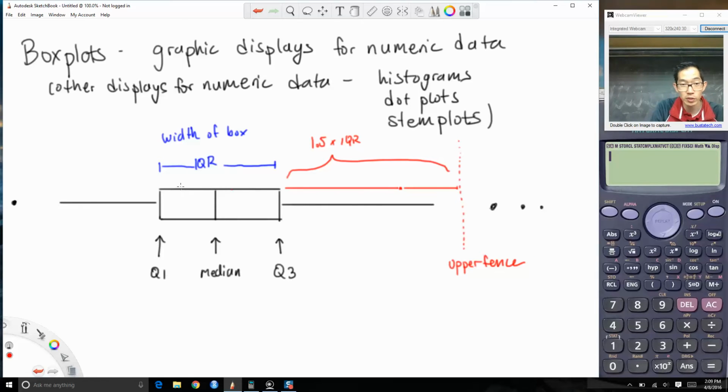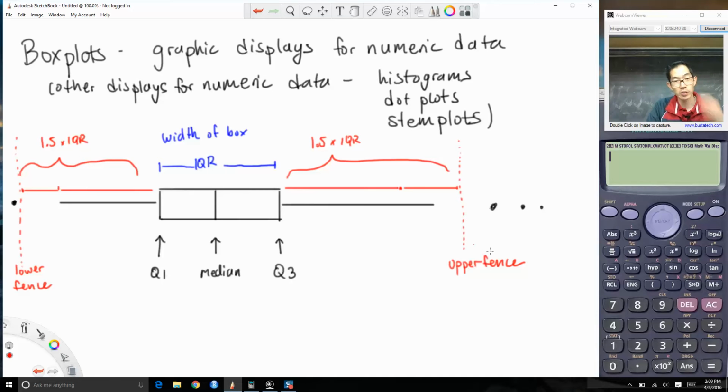We would do the same thing in the opposite direction. This is one box width and then another half box width, and maybe this is not to scale. So this down here would again be 1.5 times the IQR, and this would be the lower fence.